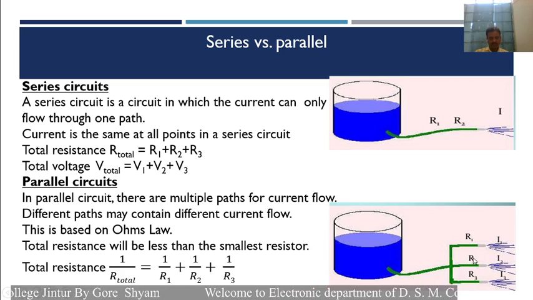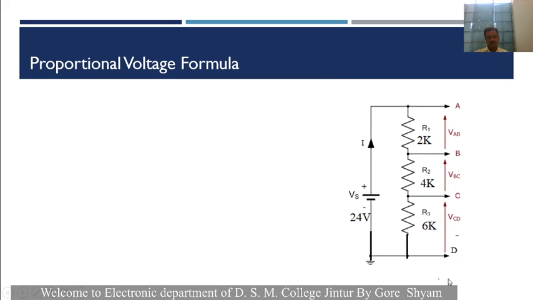This is the parallel circuit. Okay, and the total current is equal to I1 plus I2 plus I3, means the current flowing through this plus this is the total current. So these are the parallel circuits.